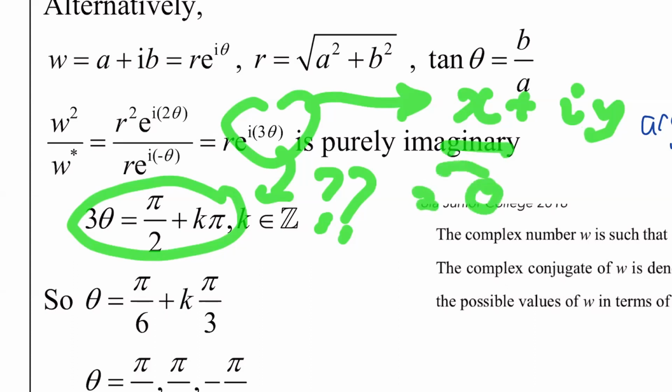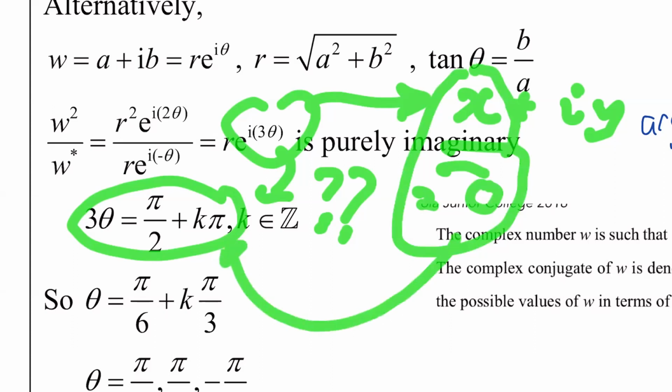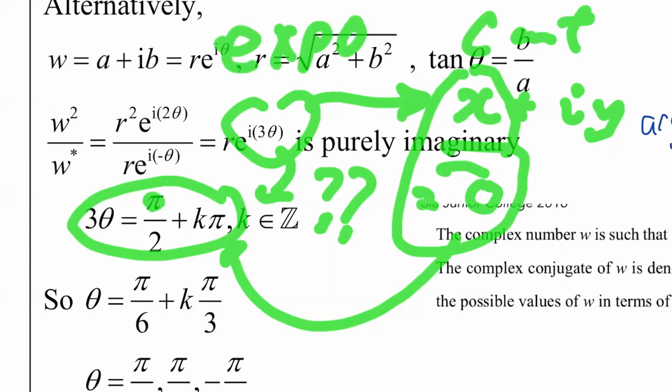Okay, so now we've got this already. Our goal is to figure out how we find the x and how it links to this 3 theta. When you see pi, when you see theta, you must immediately think of the other form. This one is Cartesian form, this one is exponential form. What's the last one? Remember, a complex number has 3 formats.